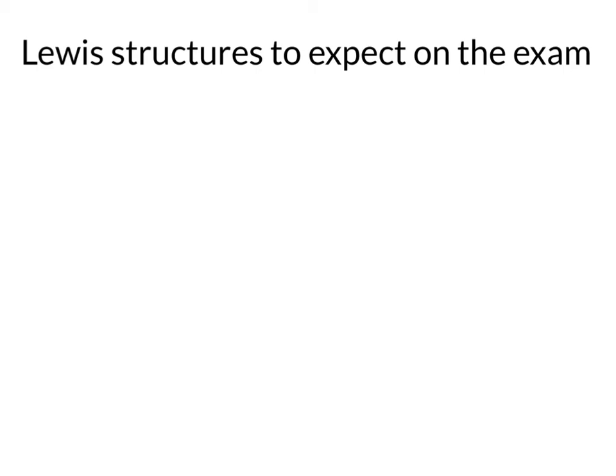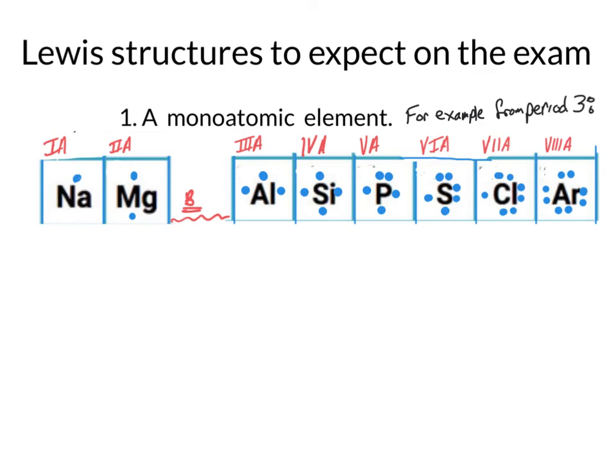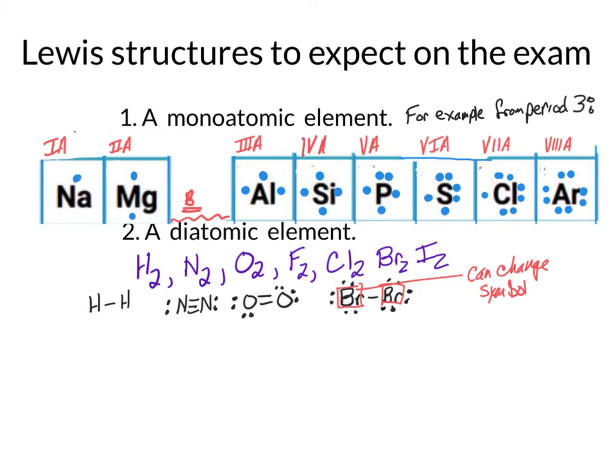For your exam, you will be asked to draw the Lewis structure of 3 different types. Number 1, one of the monoatomic elements. Number 2, one of the diatomic elements, probably oxygen or nitrogen, because I usually like to use the ones with double bonds and triple bonds.